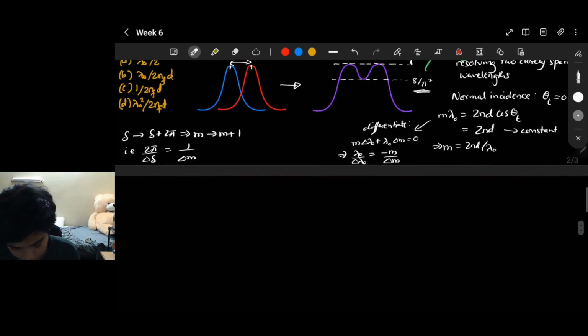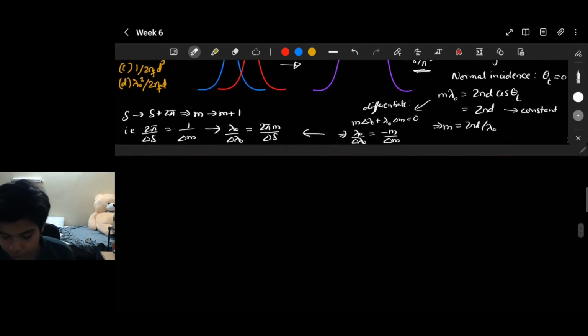Now what I will do is combine these two. Combining these two gives me lambda naught over delta lambda naught. I just replaced this 1 by delta m with 2 pi over delta of delta and took the mod of it, so I ignored the minus sign. It just denotes the direction of change.